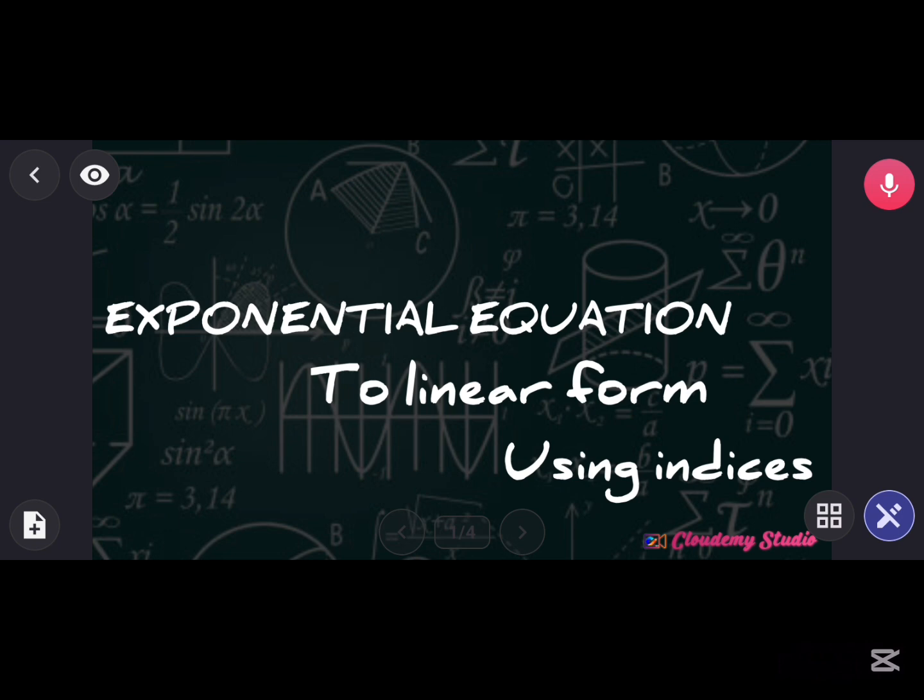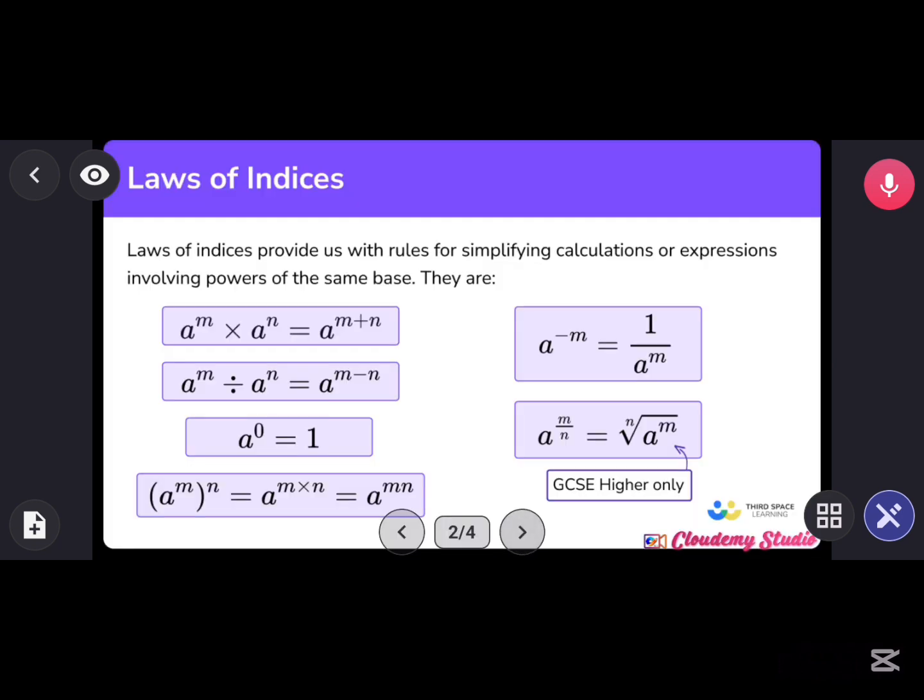Let us remind ourselves of the laws of indices that we're having. I'll show you an image now that was downloaded from Thoughts Place Learning, and in this image it shows the basic laws that provide us with truth for simplifying calculations or expressions involving power of the same base.